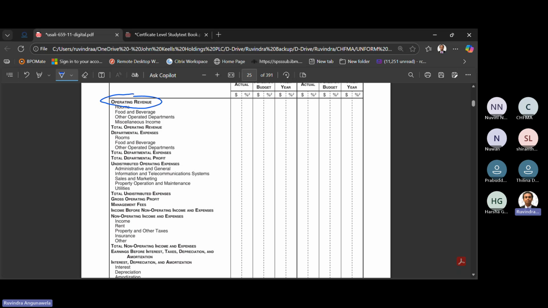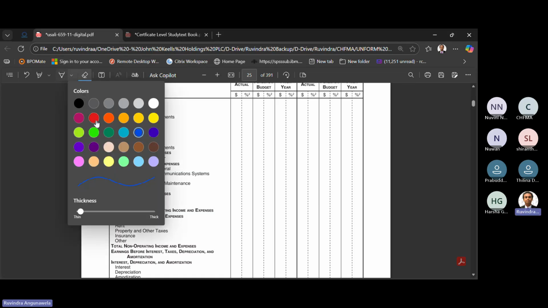So what I'm referring to here is the frontline departments. What are the frontline departments you can recall from the last week lecture? Can someone tell me?